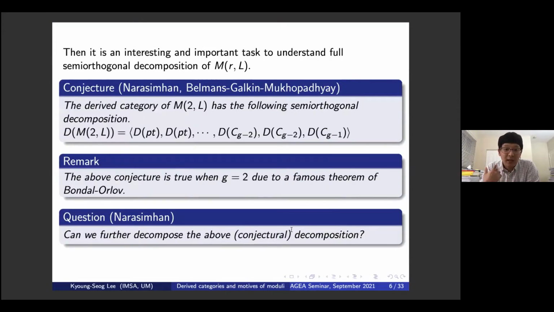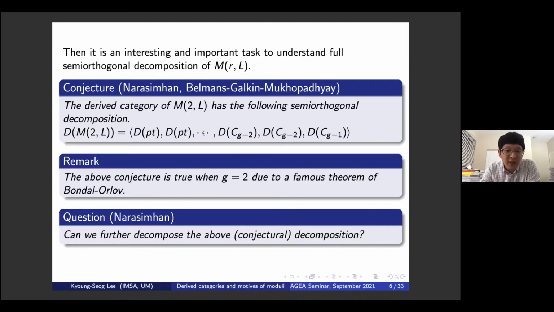Okay, so anyway, we prove that for any rank and degree with a certain condition, there is at least one copy of the curve in the derived category of this moduli space. And then, it is a very natural question to ask what the full semi-orthogonal decomposition of this moduli space should look like. So Professor Narasimhan made this conjecture, and independently Belmans, Galkin, and Mukhopadhyay stated this conjecture.